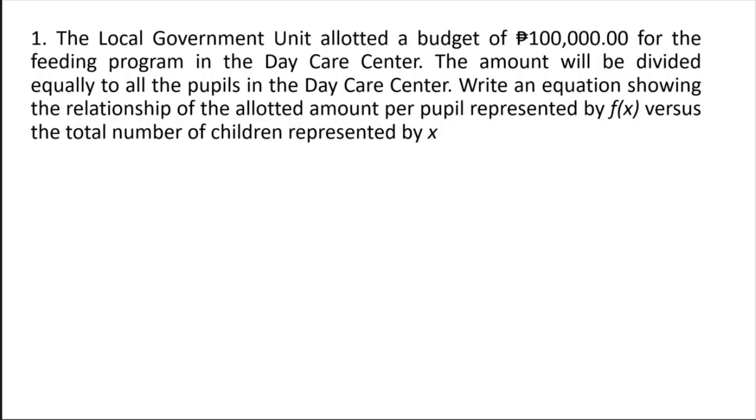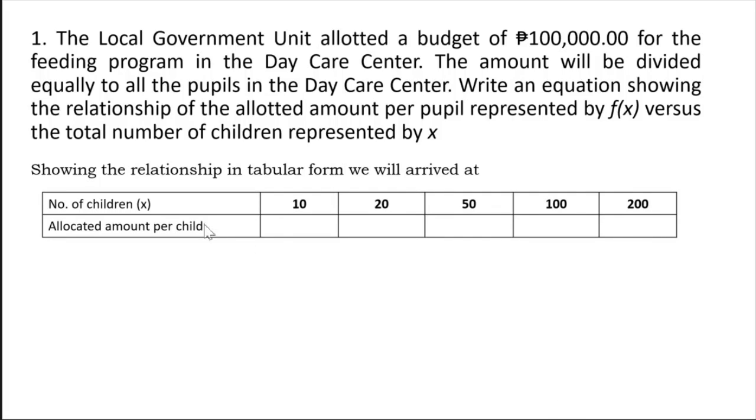So, paano ba natin gagawan ito ng rational function as a model for this problem? Take note, the budget is 100,000, and it should be equally divided to all the pupils in the daycare center. Before that, let's analyze first the problem, then show the relationship in tabular form.